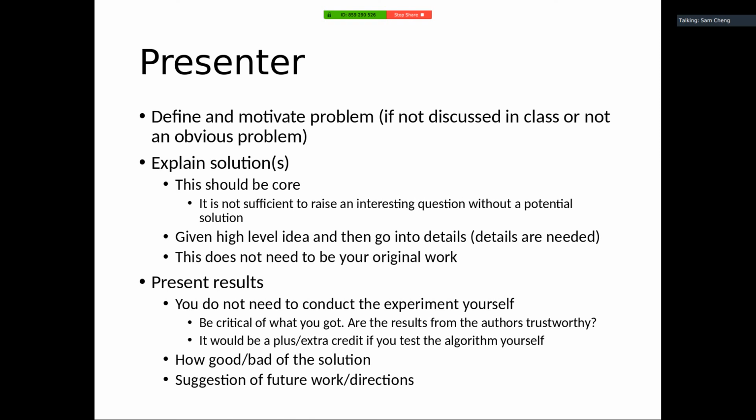But I still would like you to spend a little time on the solution. Even if you don't have lots of time, see if you can abstract the idea quickly. Instead of going through all the math, if you have more time, maybe you can go into some of the math.